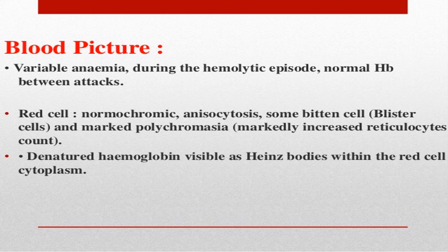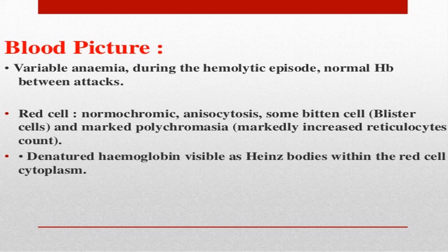Peripheral smear shows a moderate degree of anisopoikilocytosis with polychromatophilia. Anisocytosis is variation in size, poikilocytosis is variation in the shape of the RBC. There is presence of microspherocytes and bite cells.